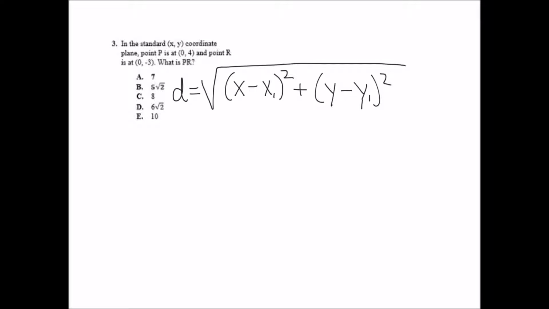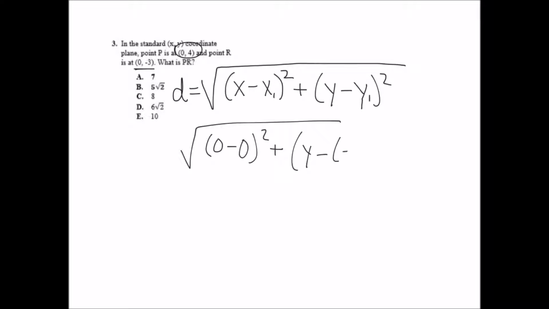So in this case, I'm going to just use the first point to be the first x. So I'm going to do the square root of the first x is 0 minus, and the second x is also 0, so 0 minus 0 squared, plus this first y is 4 minus the second y is a negative 3.